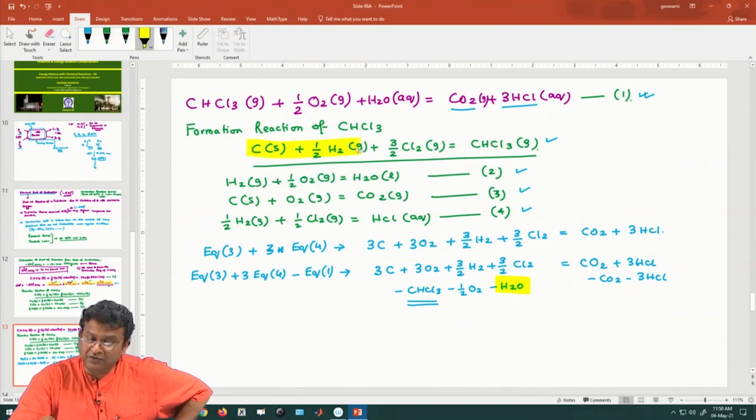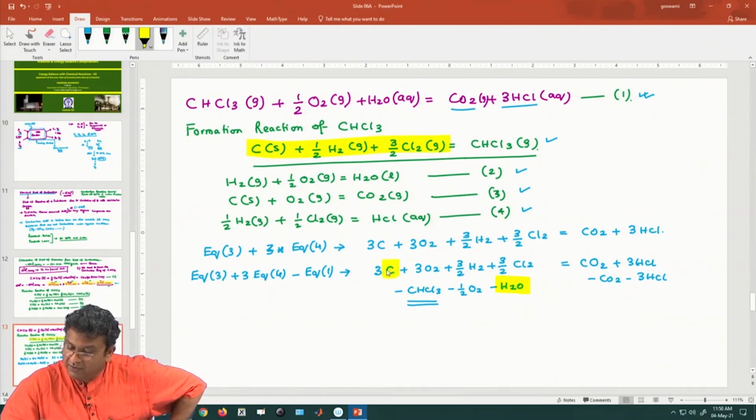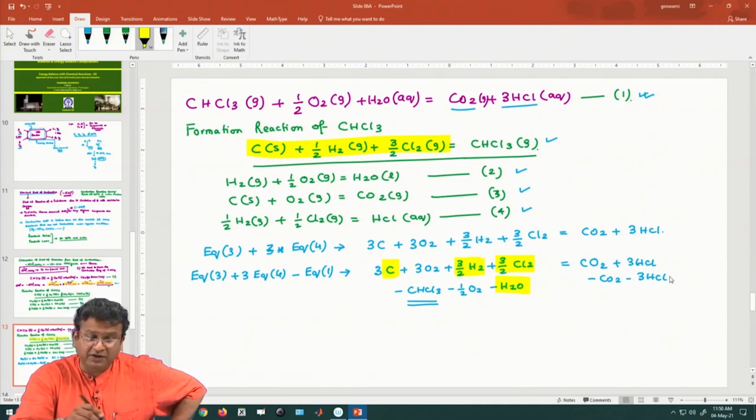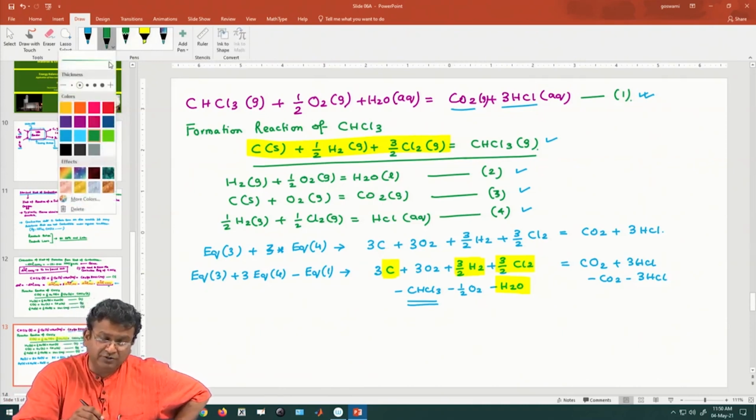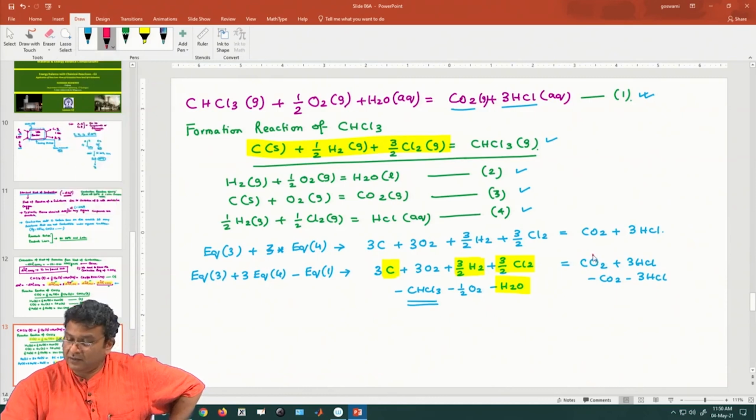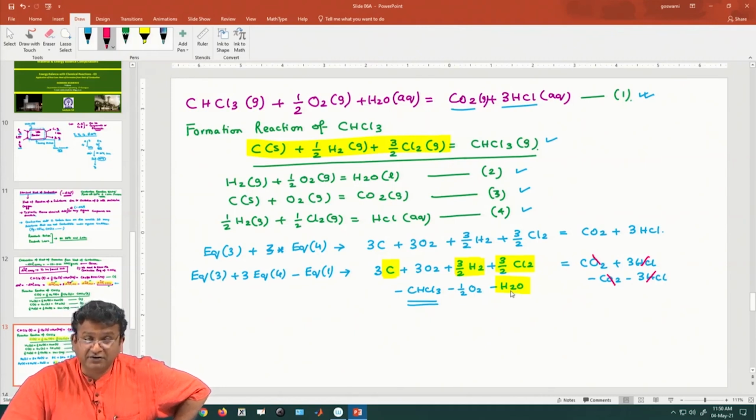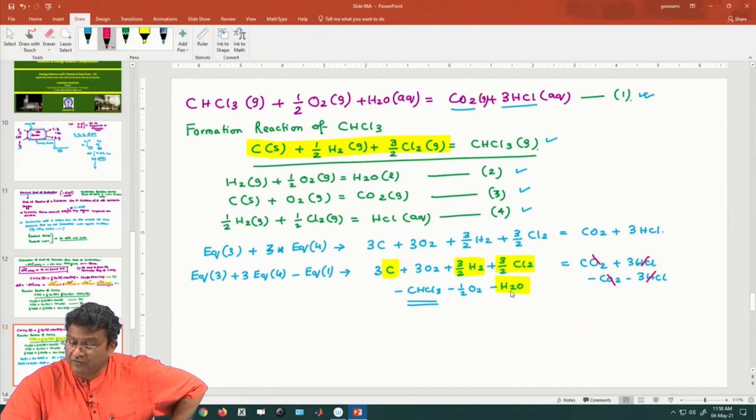Here you have carbon, here you have hydrogen, here you have chlorine, and the right side is 0 because all this gets cancelled out. So, you can transpose the chloroform to the right hand side, and you can get certain stuff in terms of chloroform, but the spoil sport is you still have water sitting over here.